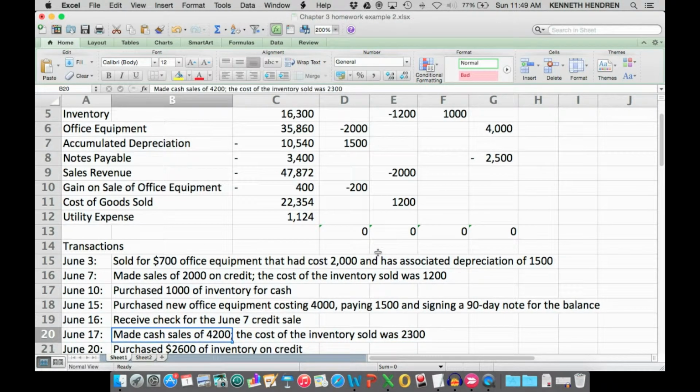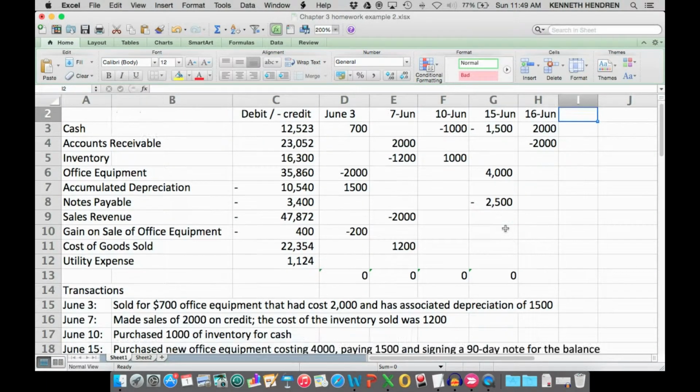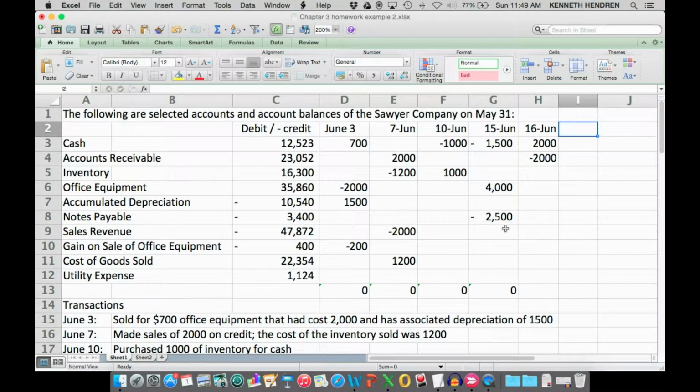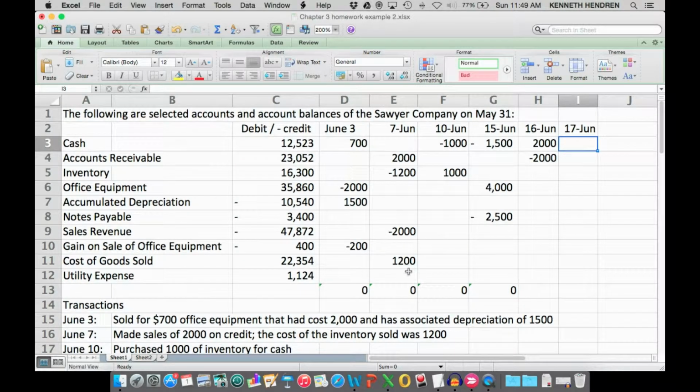June 17th, made cash sales of $4,200 and the inventory cost was $2,300. So we made cash sales, and that was June 17th. Cash goes up by $4,200 because we sold it for cash, so we got the cash.